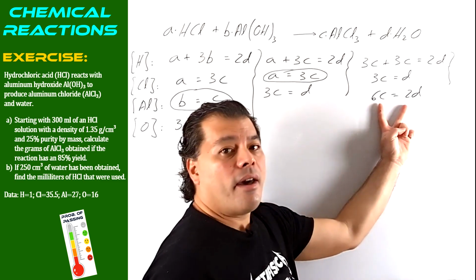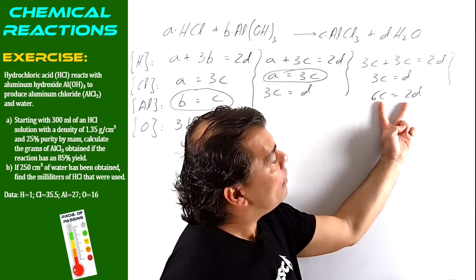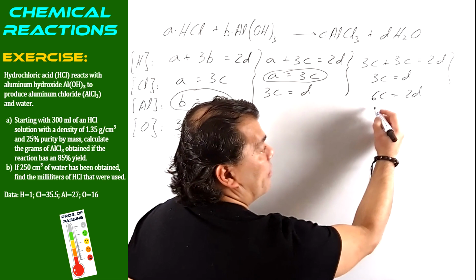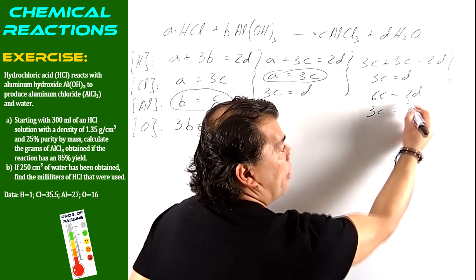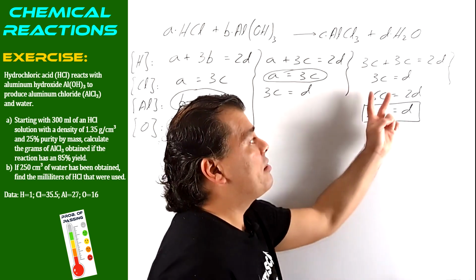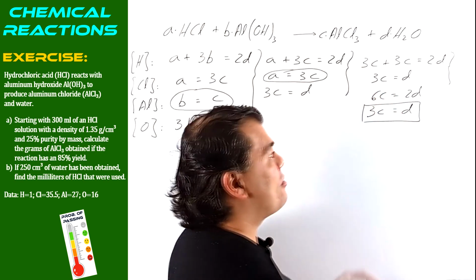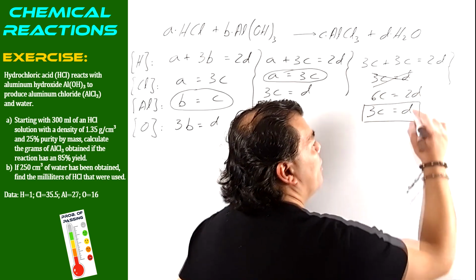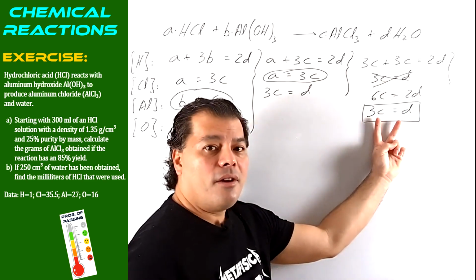And let's divide both sides by 2. 6 divided by 2 is 3, C equals D. And it's the same as the second equation. So I'm using only one, and this is the end of the trip.